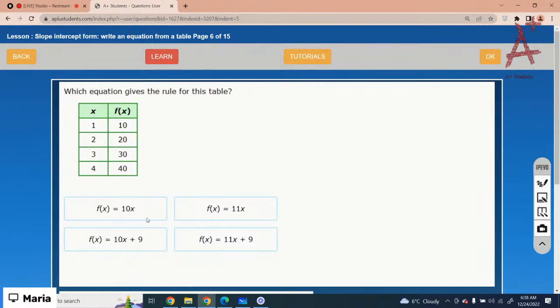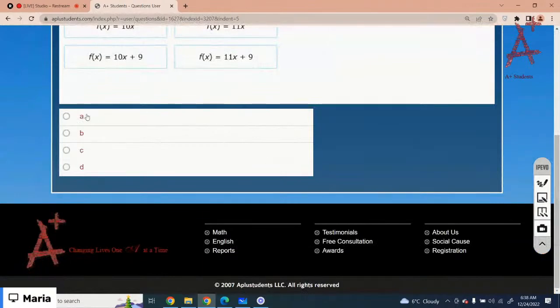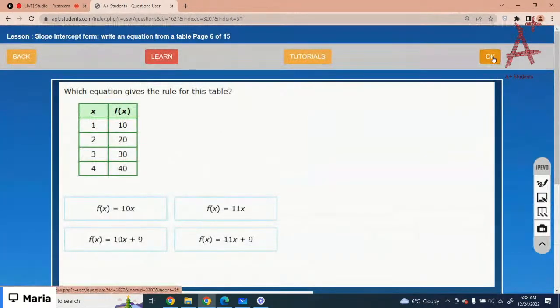Option number 1 is the correct one. F of x equals 10x is the correct one because the b for this equation is 0. So option number A is the correct one. You can just solve the equation, find the slope and the y-intercept, like we did for the questions right before this one. Got it? Just select the correct option, then click on the OK button.